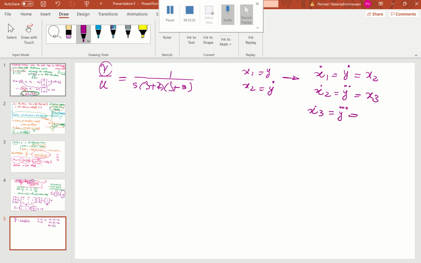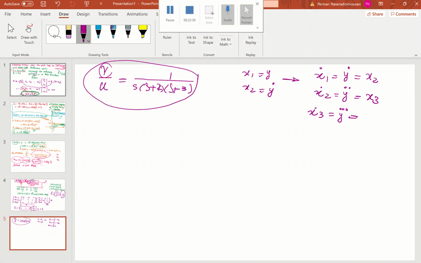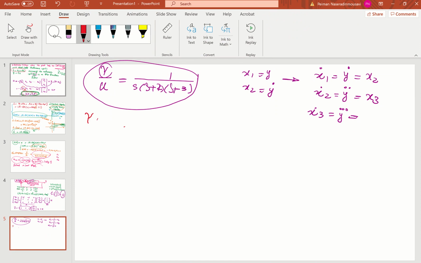And what is y triple dot? We have to calculate it from here, guys. This is by hand; we know it in Matlab. Look here. If you multiply both sides, you get y s cubed plus 5 y s squared plus 6 y s is equal to u.